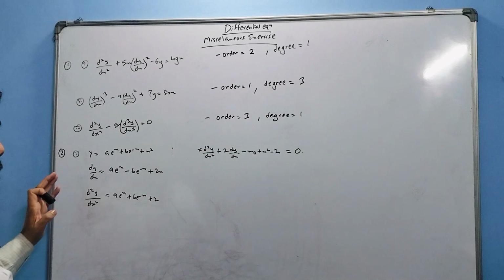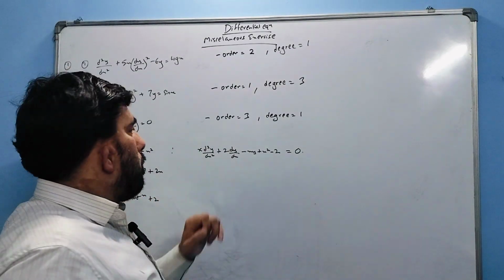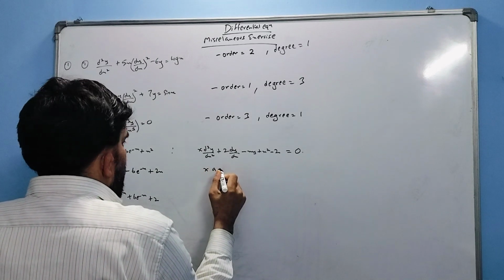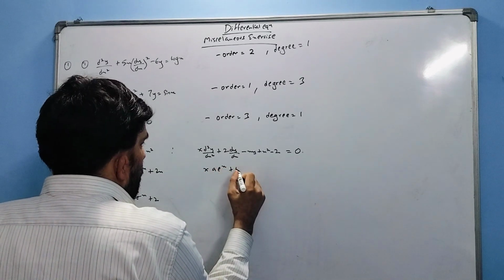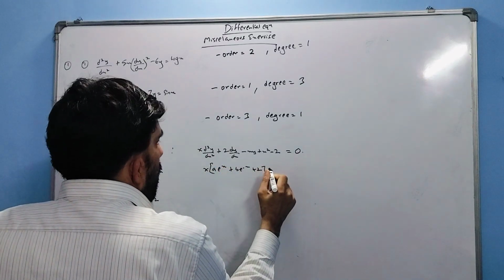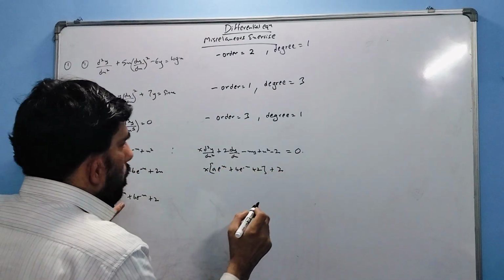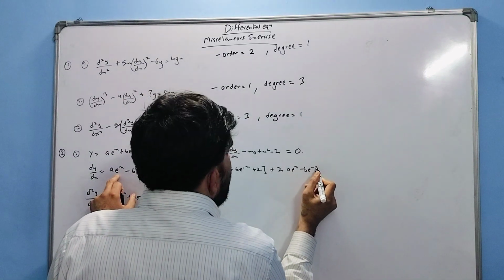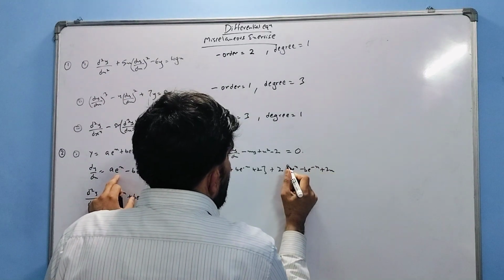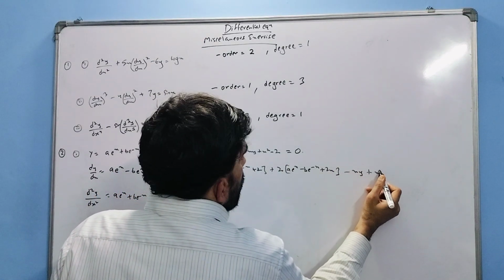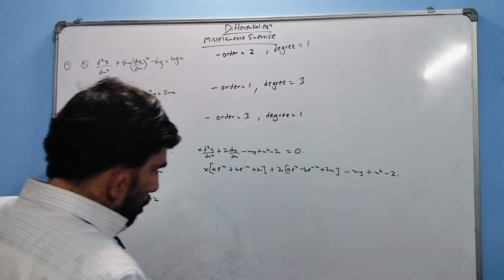So now I have to put the values here. We have x into (ae^x plus be^(-x) plus 2) plus 2 into (ae^x minus be^(-x) plus 2x) minus xy plus x square minus 2.